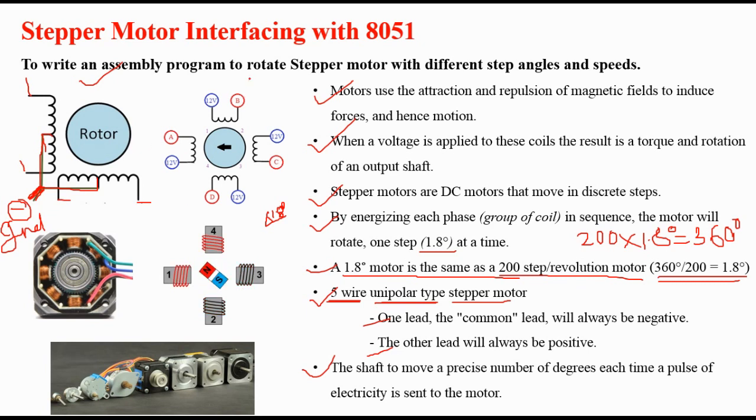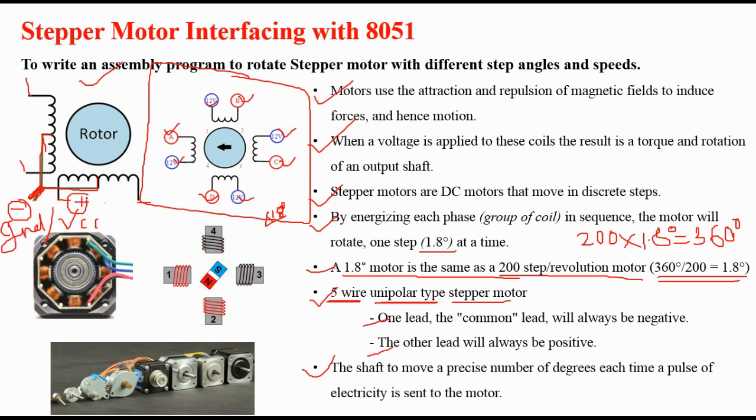So in this figure you can see the other terminals like A, B, C and D, those ABCD terminals are taken out, whereas this 12 volt is common to all. Now it's up to you whether you put this terminal to ground or this terminal to VCC.